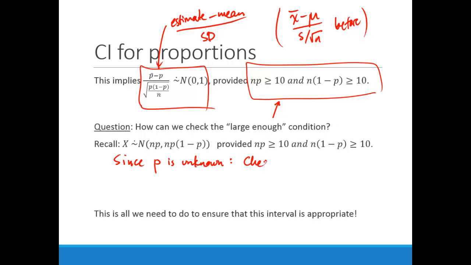We just need to check that n times p hat is bigger than 10 and n times 1 minus p hat is bigger than 10. So the usual thing we do in this class is if we can't use the actual thing, we just plug in our estimate and go from there.